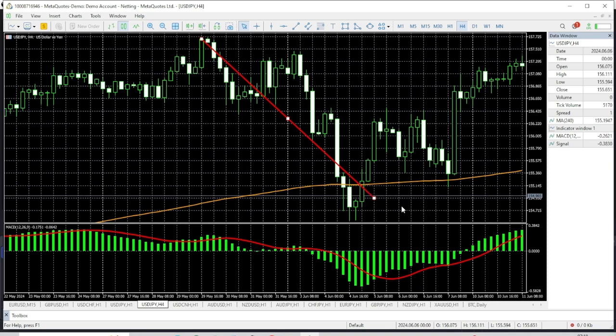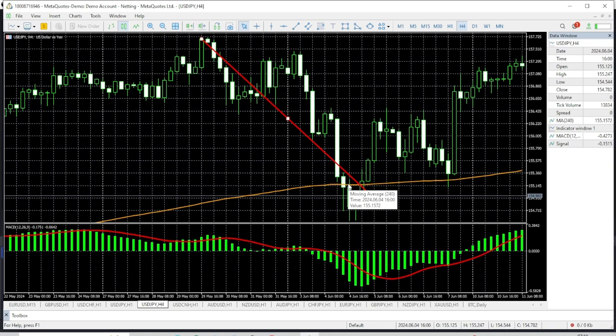So we are still technically in an uptrend according to our trading technique or methodology. Once this happens, we consider the market to be in a neutral state, but predominantly uptrend.